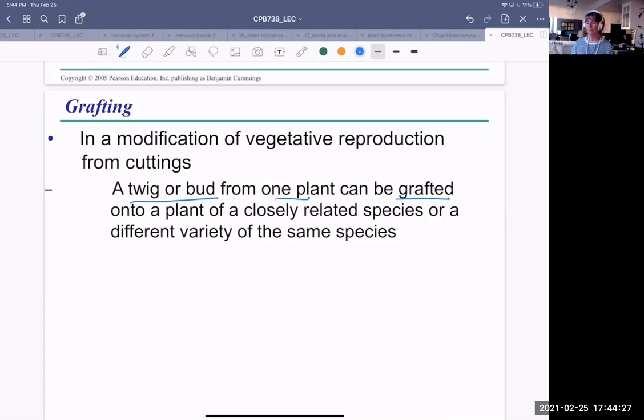With vineyards, for example, the roots and the stems of North American vine plants are really hardy, but the European stems and fruits are really delicious. So they graft them together. They graft the delicious fruit producing parts onto the root parts.